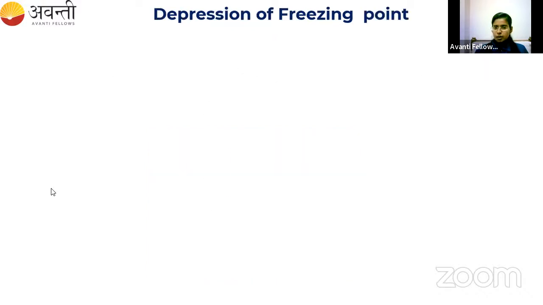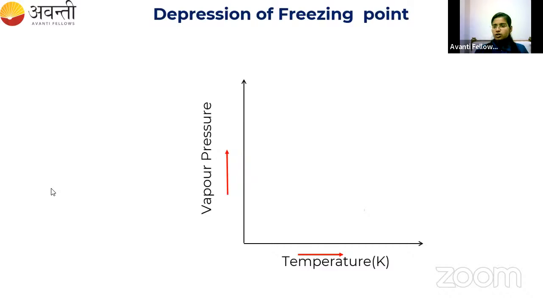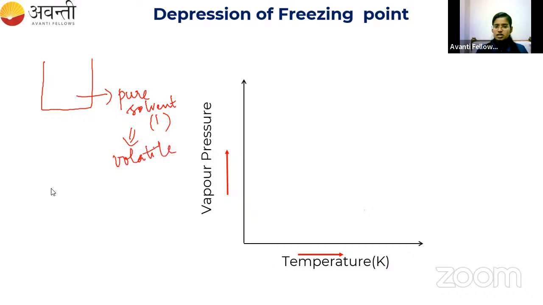So the same graph I am going to take. Initially we have only the pure solvent component, which is the first component or component A. And the nature of the solvent is volatile. This particular solvent has some freezing point value at some temperature.